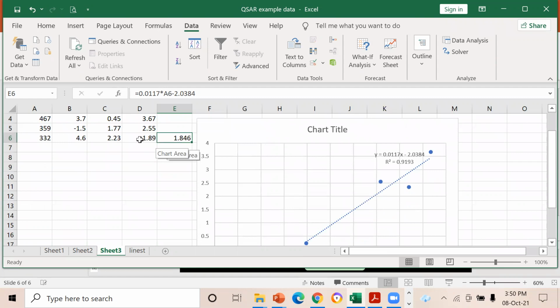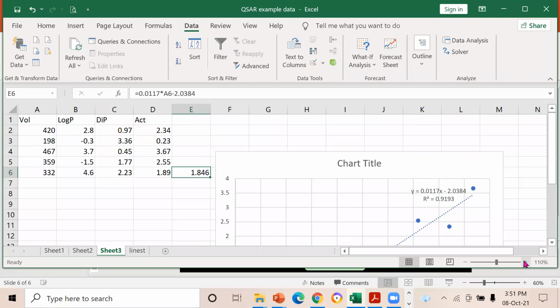And then I tried to predict the 332 point. Now you see, the model is predicting well. Model is predicting 1.84, actually it is 1.89. So you need to do it like that for all the 5 points, one after another. And finally, I got this, leaving out this point only.